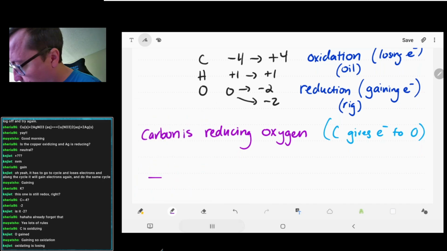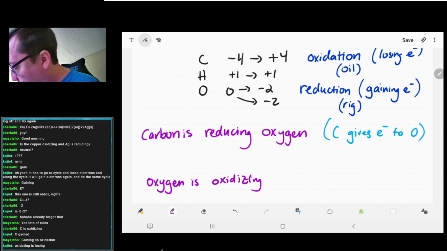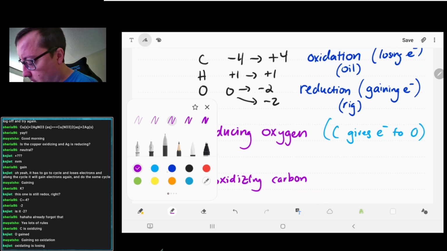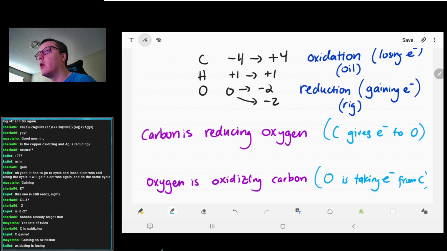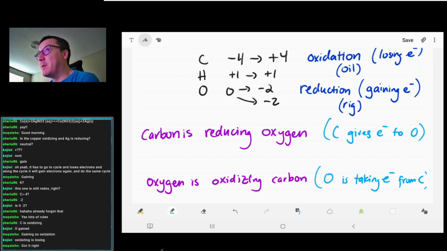And we see that oxygen is oxidizing carbon. That means that O is taking electrons from carbon. This is where the fun begins.